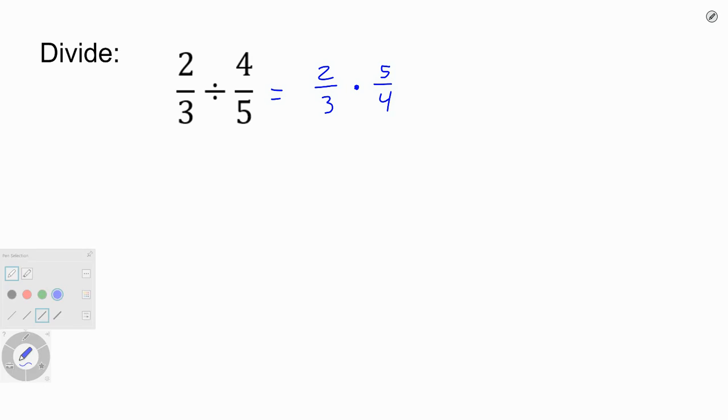But I notice that in my fractions, I have a common factor of 2. So I divide by 2 here, negative 1 here. I'm just simplifying that a little bit first, which makes things easier. Then we multiply across. 1 times 5 is 5, 3 times 2 is 6. So we're going to take that same idea of multiplying by the reciprocal to rational functions.